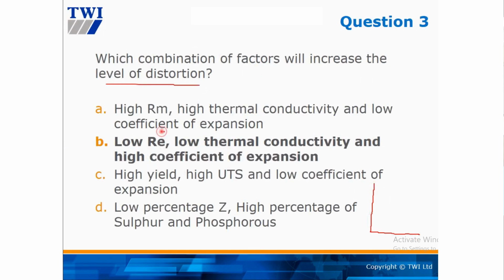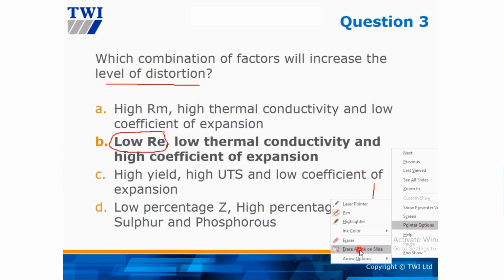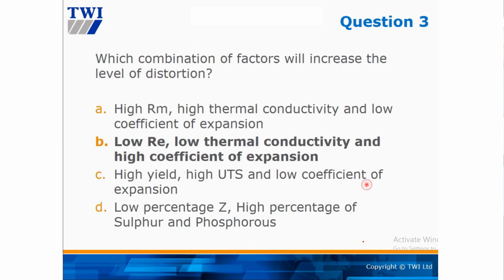When talking about Re, low Re here, we have Re, which is yield strength, and then we have UTS, the Rm. This is elastic and this is plastic.